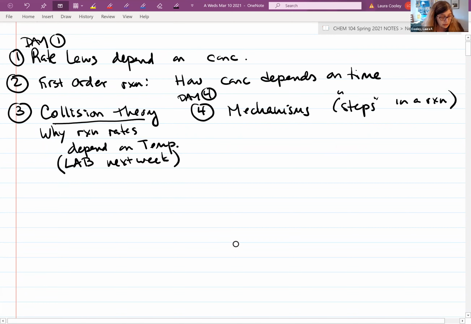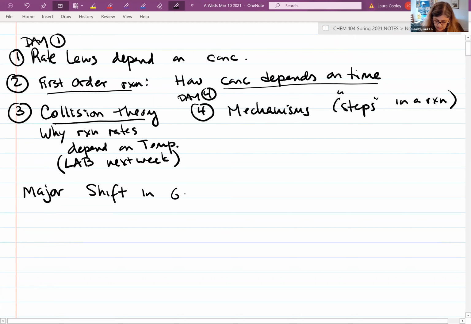All right, so last time I told you about first order reactions and how concentration depends on time. So this is really a major shift in gears from last class because we're not doing that at all anymore. So it's almost like four separate topics.